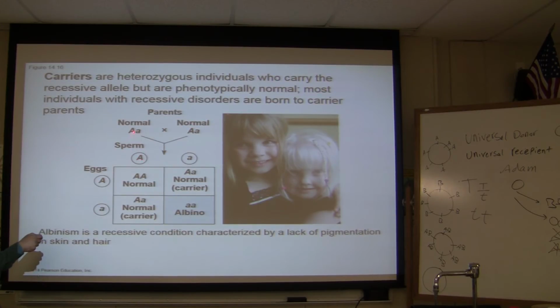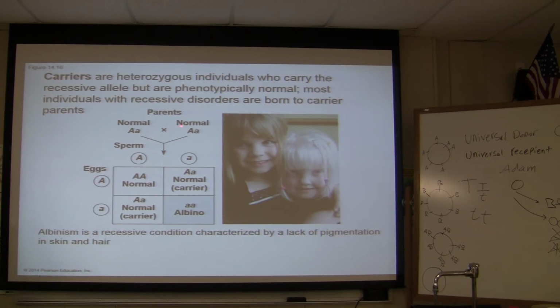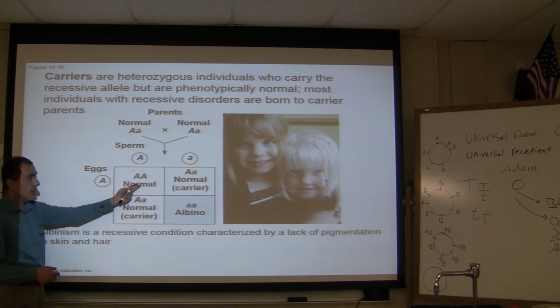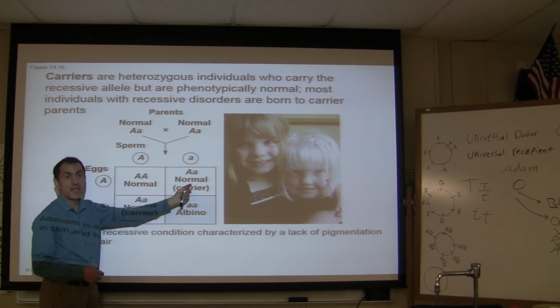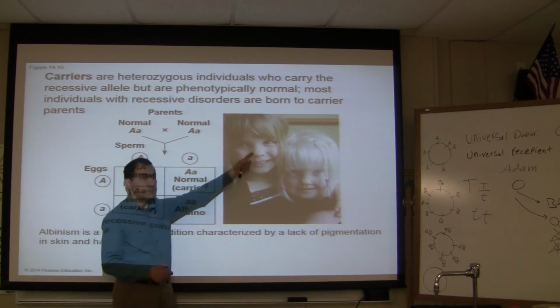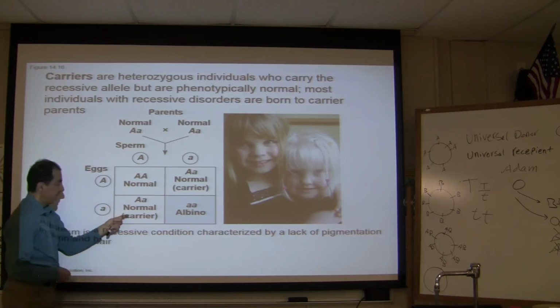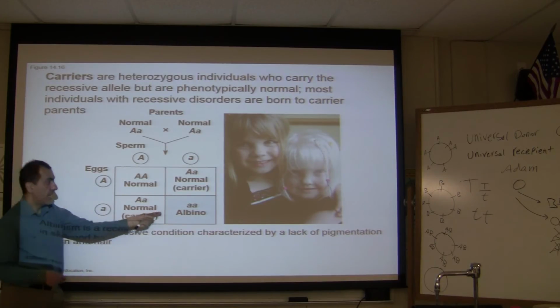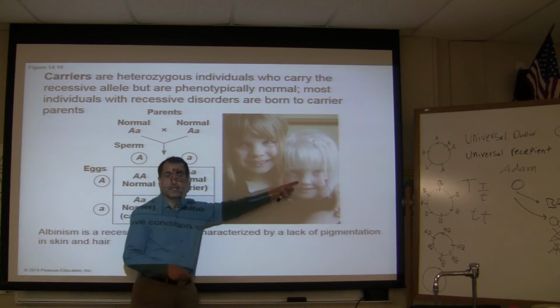So the possibility of sperm is capital A, and the other possibility of sperm is small a. The possibility of the egg is capital A, and the other possibility of the egg is small a. They have a child which is normal. They have another child which is a carrier but normal, another child, carrier normal, and they have another child which is albino.